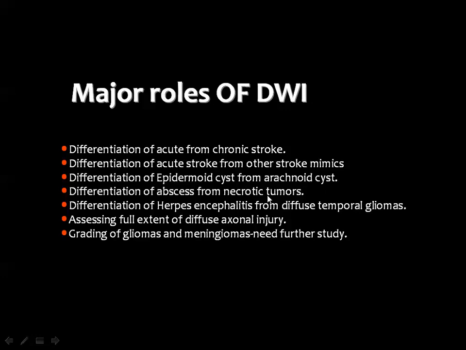I will show some examples. Differentiation of encephalitis from gliomas, where in encephalitis the diffusion will be restricted. Assessment of the full extent of diffuse axonal injury. In diffuse axonal injury, the CT may be free at all, but we have many techniques to see the lesions.